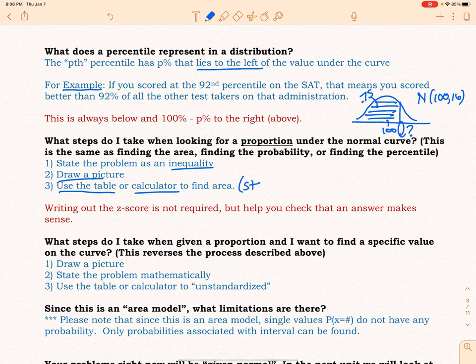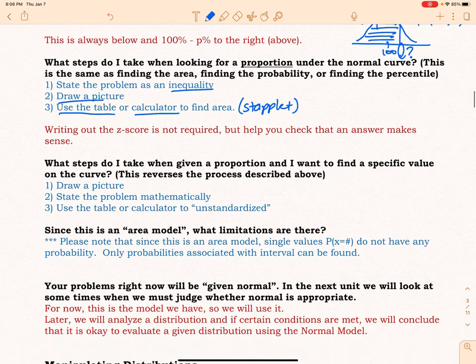We can also use Statplet for now. I'm also going to show you that. The calculator will actually come later. And then you can also include your z-score. You don't have to include your z-score for these problems, but it can be helpful. And actually, if you're using a table, you will have to use your z-score because you'll have to know how to look it up on the table.